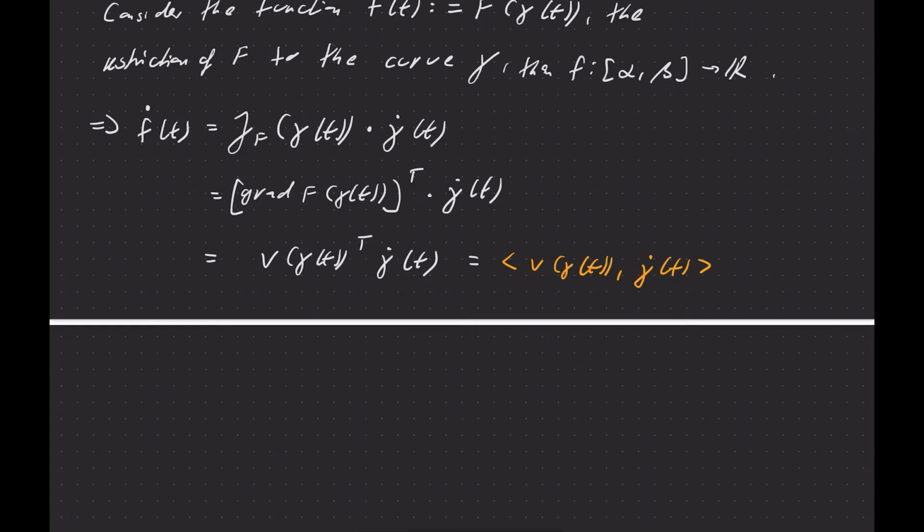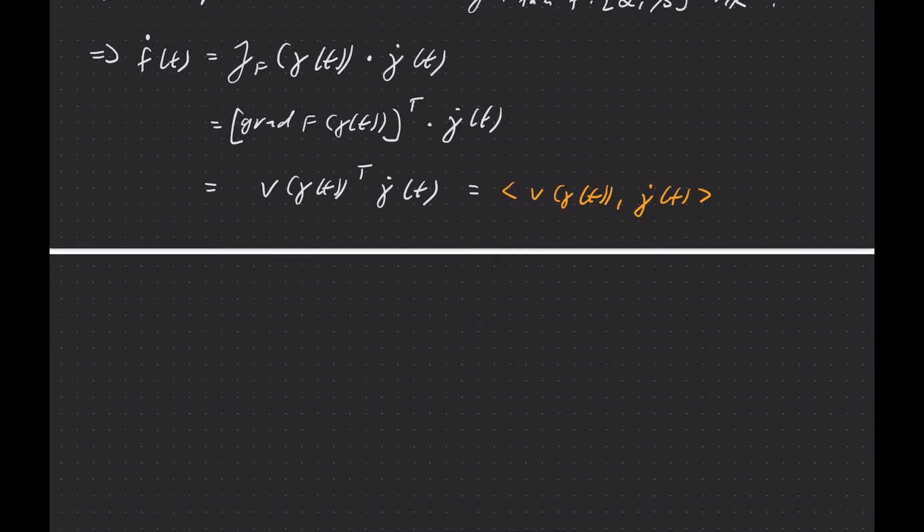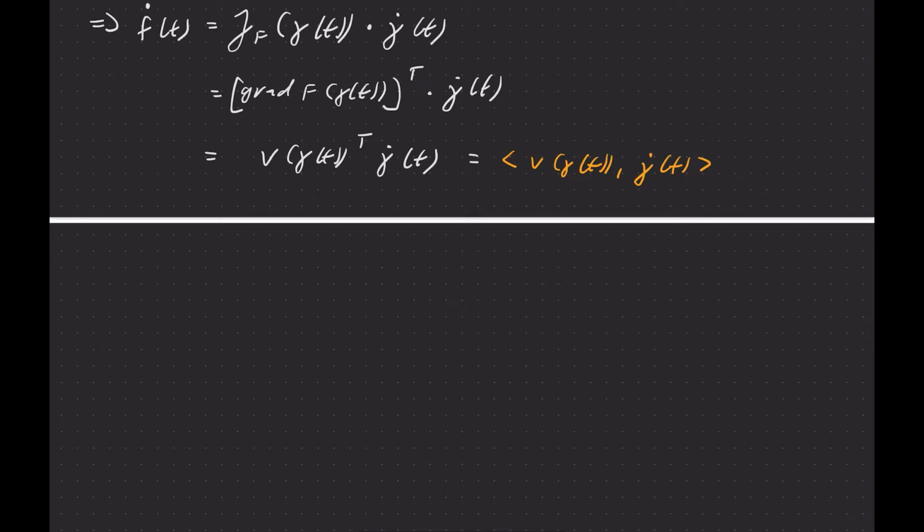Now that scalar product, that should look familiar if you have studied the previous videos, because that is an expression that appears in the integral over the vector field V along the curve gamma. That is precisely that expression here.